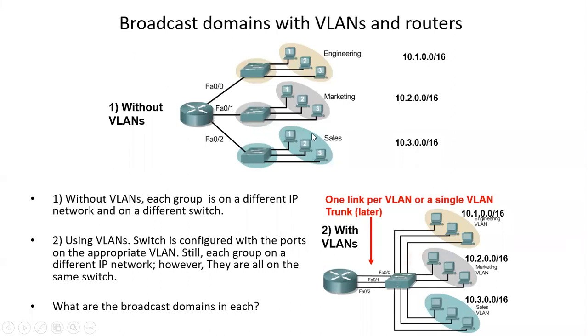So you have an advantage that here the 3 switches are reduced to 1 switch, but we still have different IP addresses. If required, you can also change the IP address. We can make all this one IP address and also subdivide it into logical subnet IDs. So you can avoid a different IP network for each LAN, and also remove the extra switches that are required for each LAN.